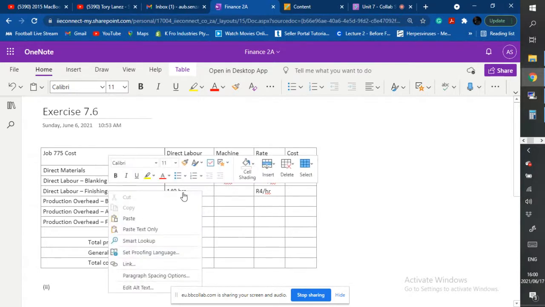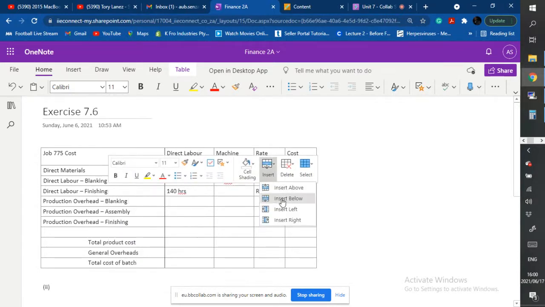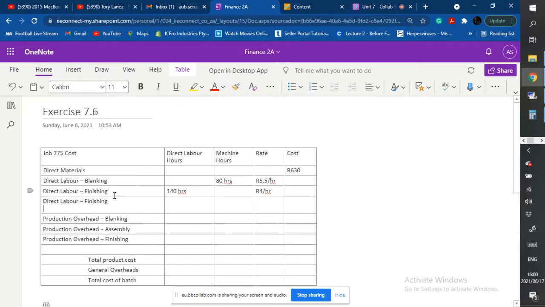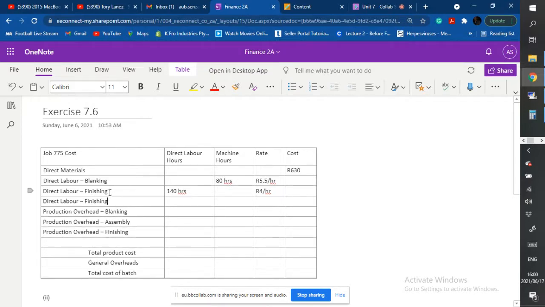I will change this just now. Let's do this: copy and paste. And then here we want to make this assembling.